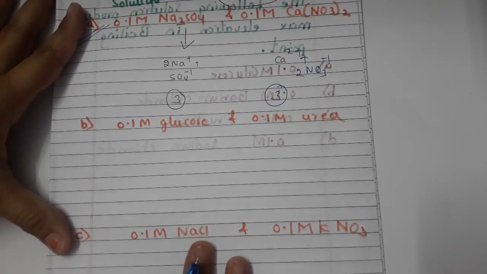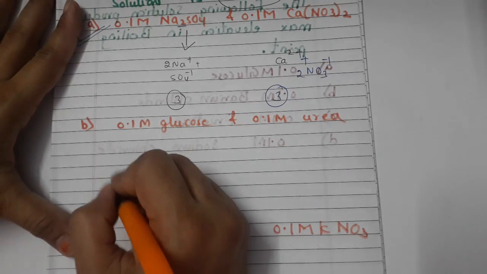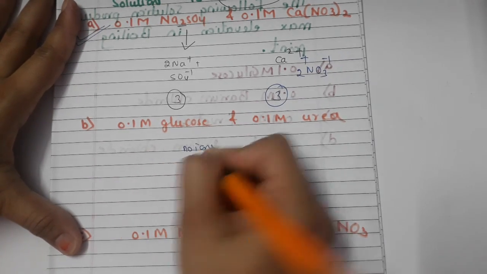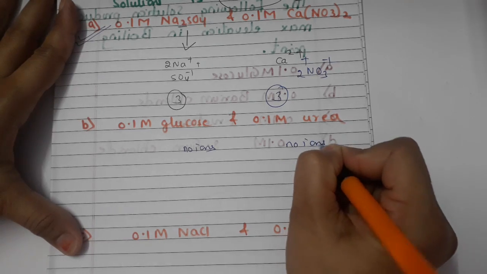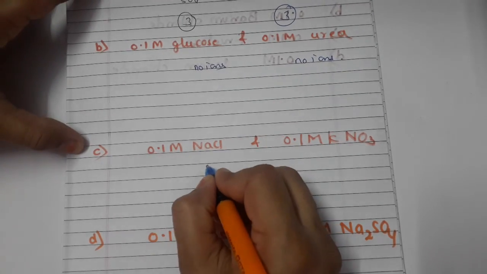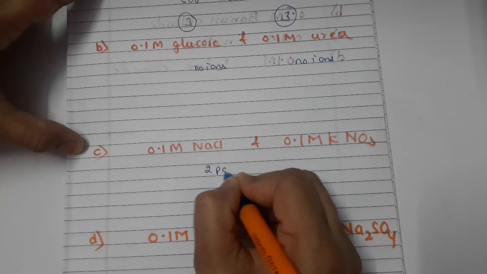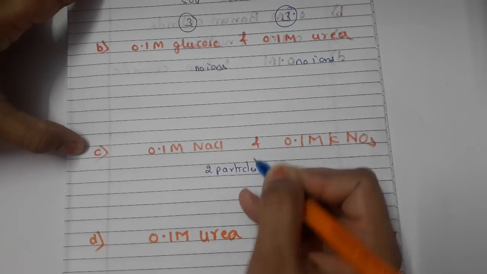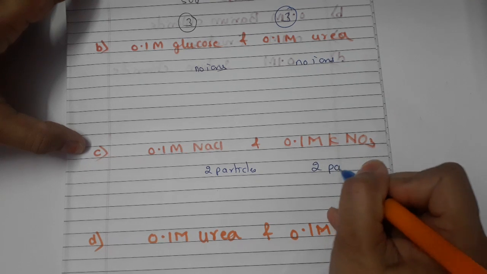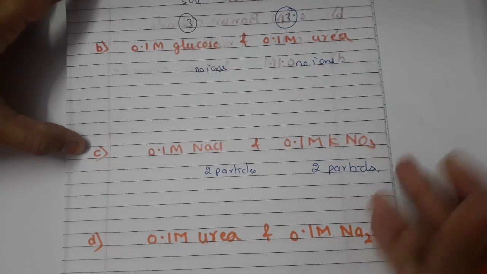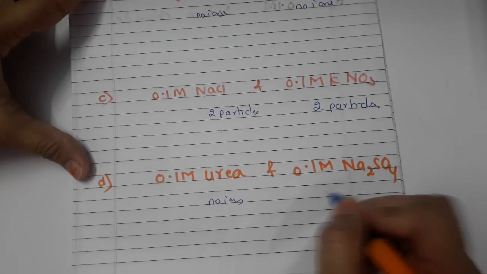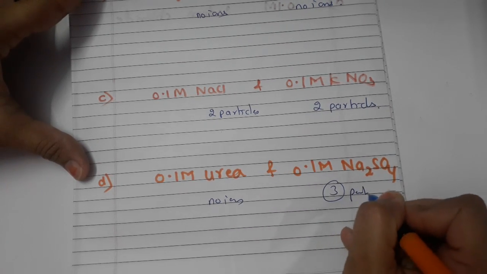Let us look at the other examples as well. Now here, students, it is not having ions. In this case, we have 2 particles, Na plus and Cl minus. Here also 2 particles. In one case no ions, and in another case there are 3 particles.